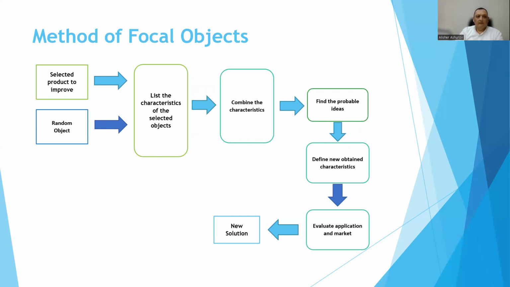So first of all, you find the selected product to improve. Then a random object. Then list the characteristics of the selected objects.